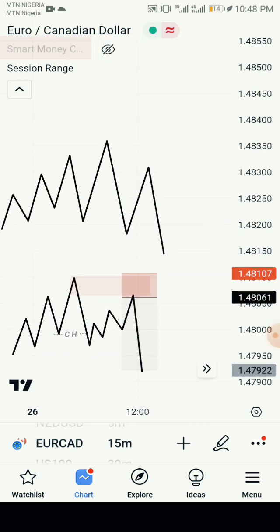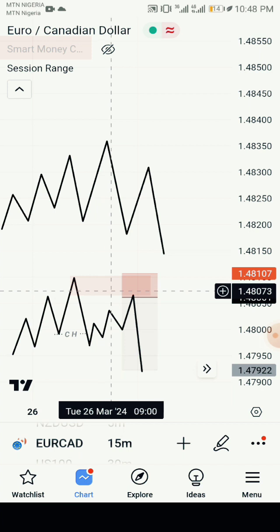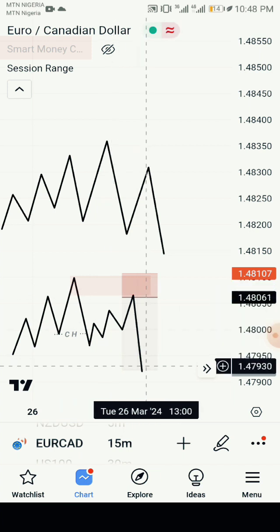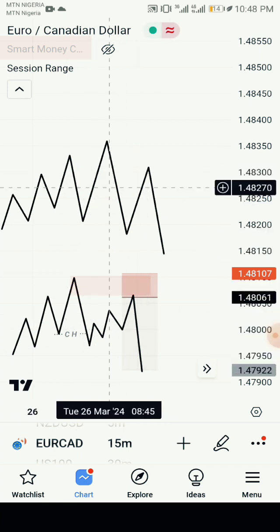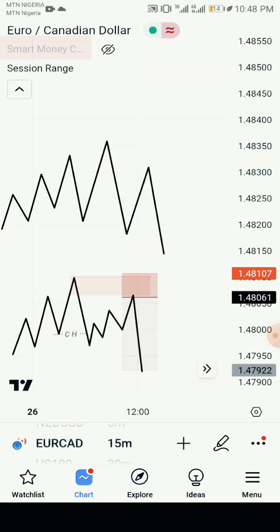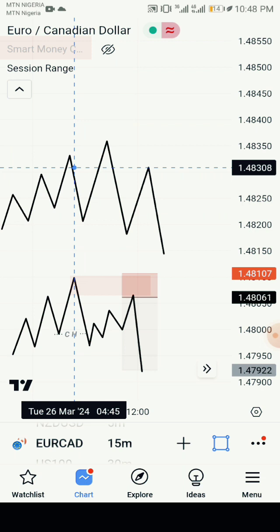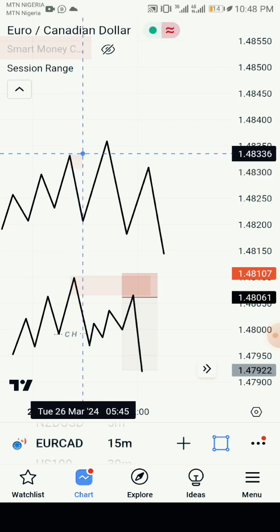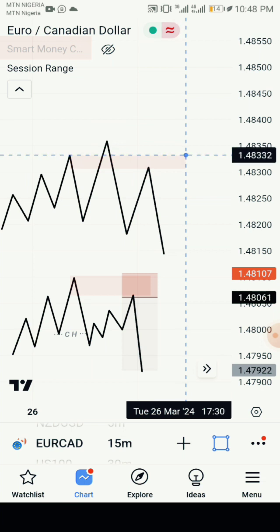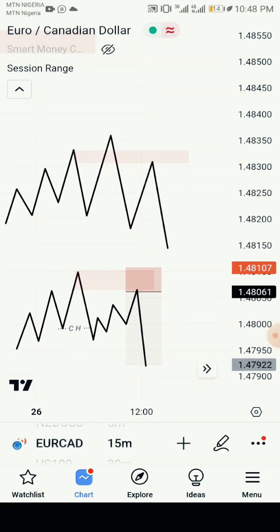Now, can you see the difference? In this one, price came back to the other block here and dropped, right? It's a good setup. But in this other one, the failed order block, this failed order block that was somewhere around here, price came back to it. Can you see that?